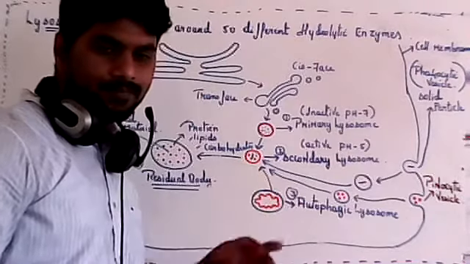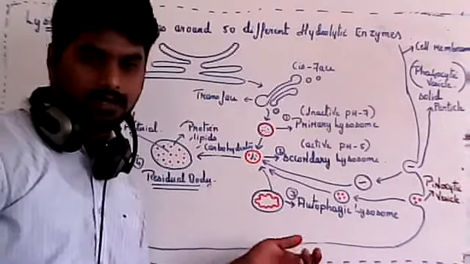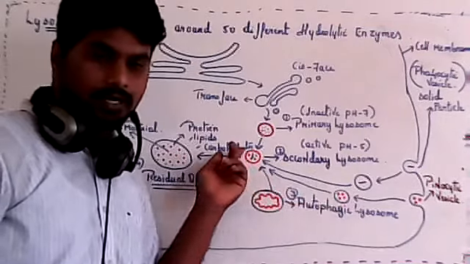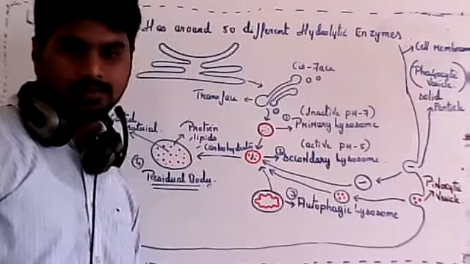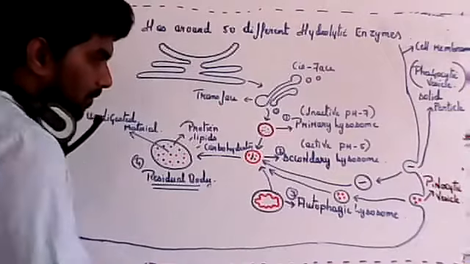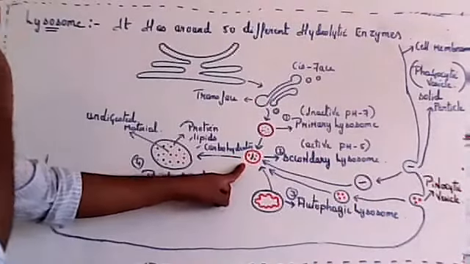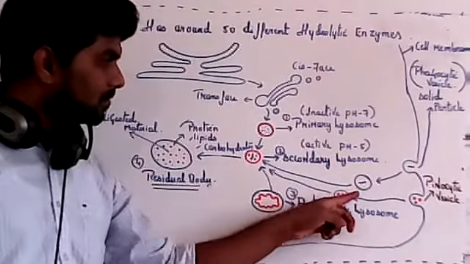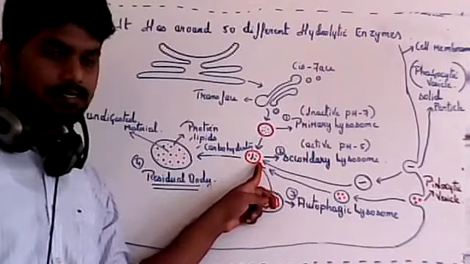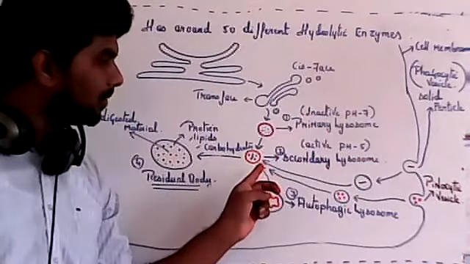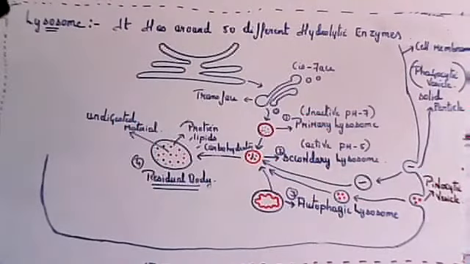And it is degraded. If any material needs to be degraded, it will be degraded at this particular point, which is called the secondary lysosome. The autophagic lysosome will also join the secondary lysosome. Even the pinocytic vesicle will come and join the secondary lysosome. Even the phagocytic vesicle will come and join the secondary lysosome.